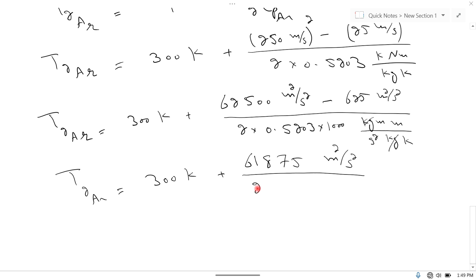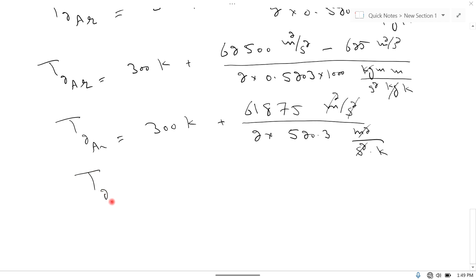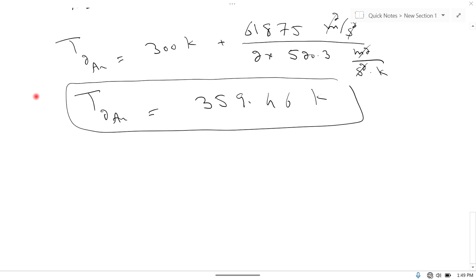So 2 multiplied by 0.5203 multiplied by 1000 is equal to 520.3, in meter square per second square per Kelvin. So meter square will cancel with meter square, second square will cancel with second square. Now simplify this and add with 300. So the final answer will be 359.46 Kelvin. This Kelvin is in double division. So this is the final exit temperature for argon.